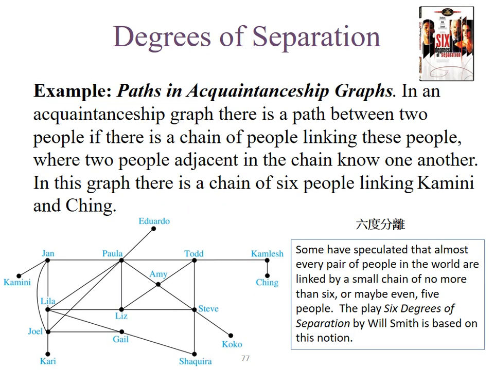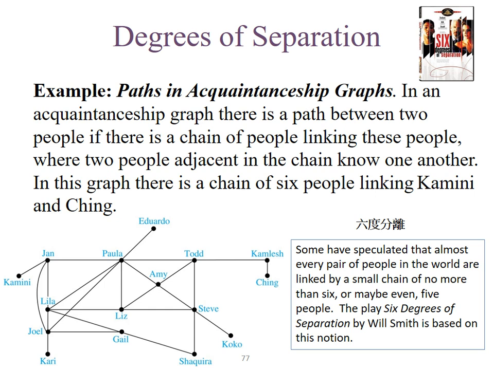All right. Paths are very useful because in an acquaintanceship graph, if people know each other, they are friends, then we can build the acquaintanceship graph. So the path means you may know some person because you have common friends, which builds a relationship between two persons.